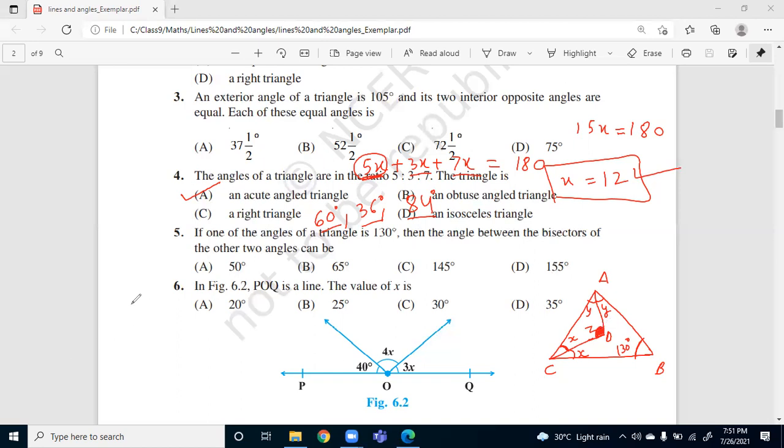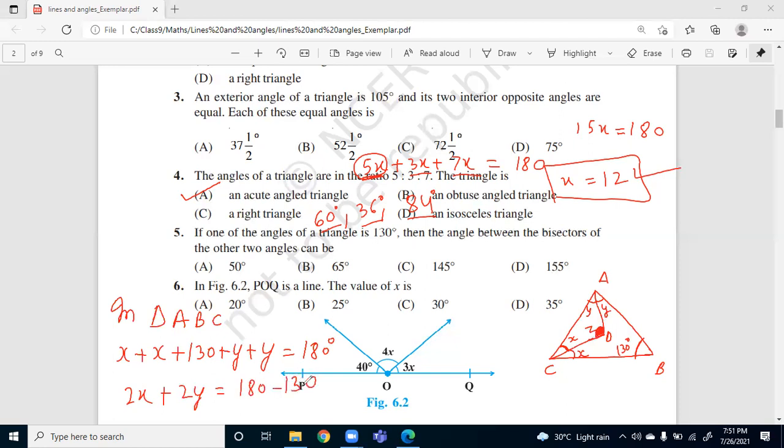So I can apply the angle sum property in triangle ABC: x plus 130 plus y is equal to 180 degrees, or I can say 2x plus 2y is equal to 180 minus 130, or I can take 2 common. So I got x plus y is equal to 25 degrees, 50 by 2.